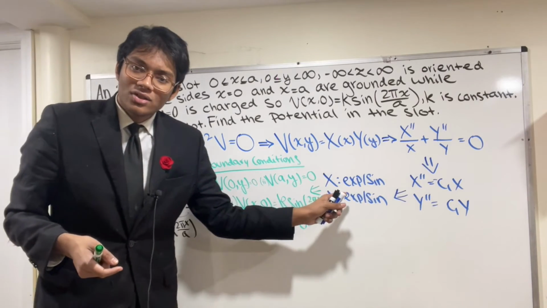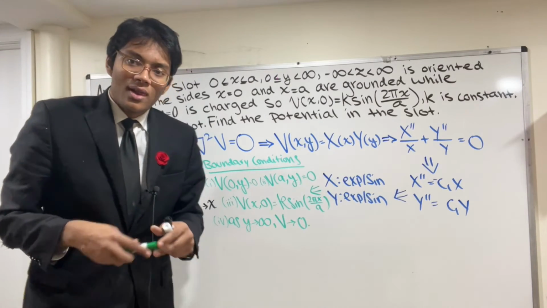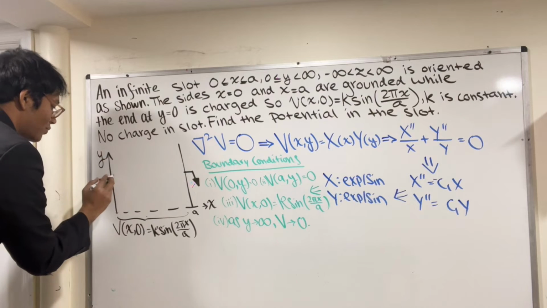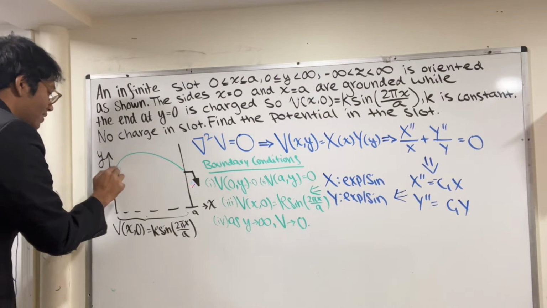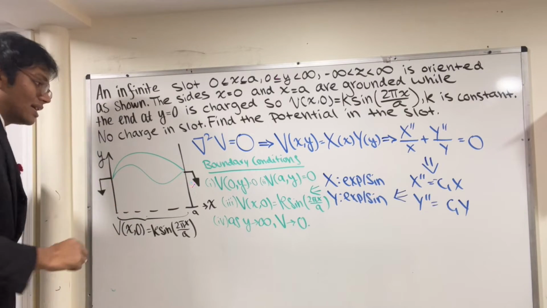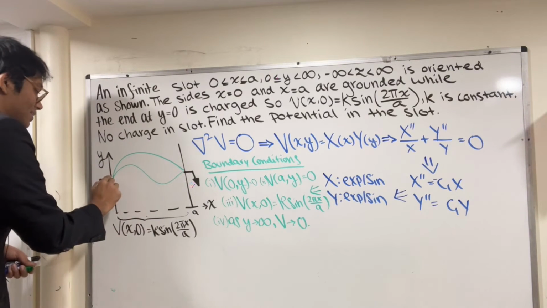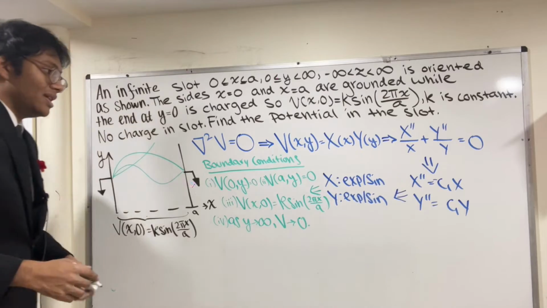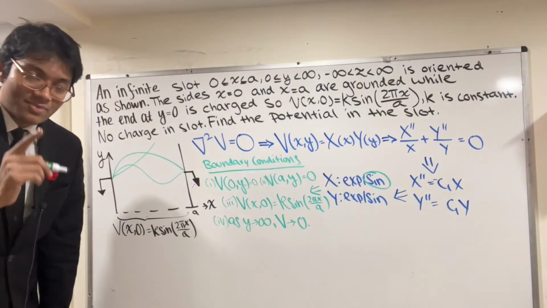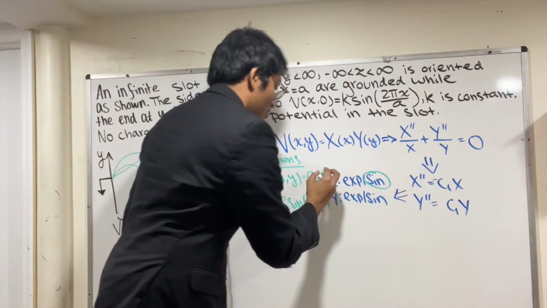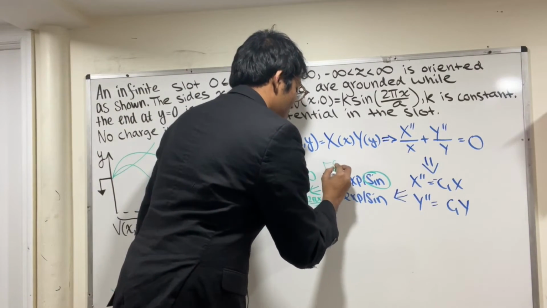Is it an exponential or a sinusoidal? Well, I'm pretty sure that the only way you can start at 0 and come back to 0 is if you have some kind of a sinusoidal. Definitely, if you have an exponential, it's never going to come back to what it used to be. Therefore, x must be a sinusoidal. It must be an oscillating function. So x must be oscillating.